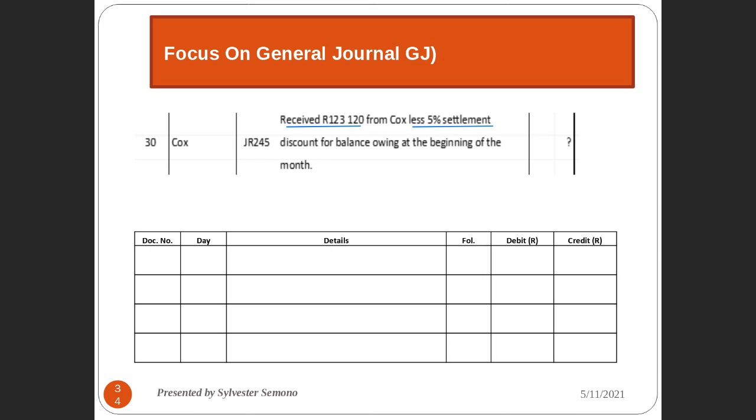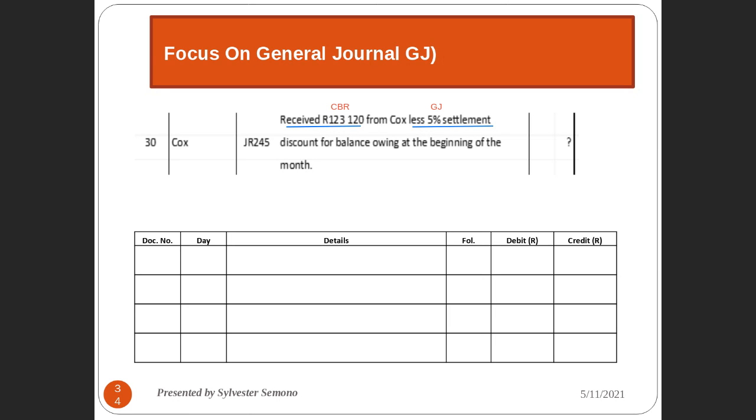And remember, we said we don't go to the GJ for this; when we were highlighting, we said this one will go to the CBR, because we are receiving it. So this amount, because we received it, must go to the CBR. And then, should we only put settlement discount? Yes, in the GJ we only have settlement discount.